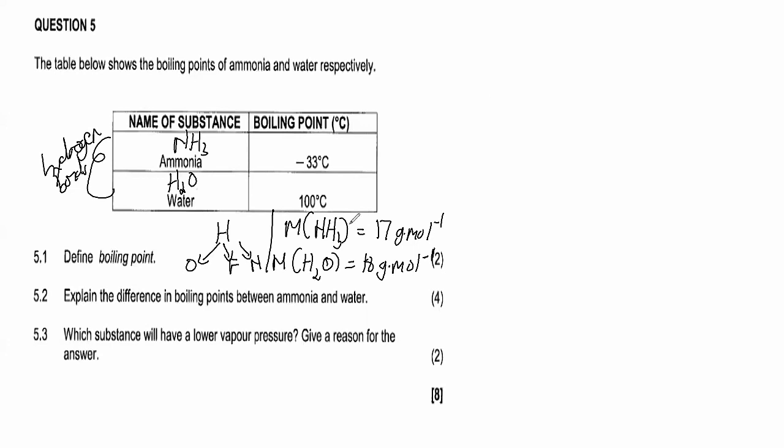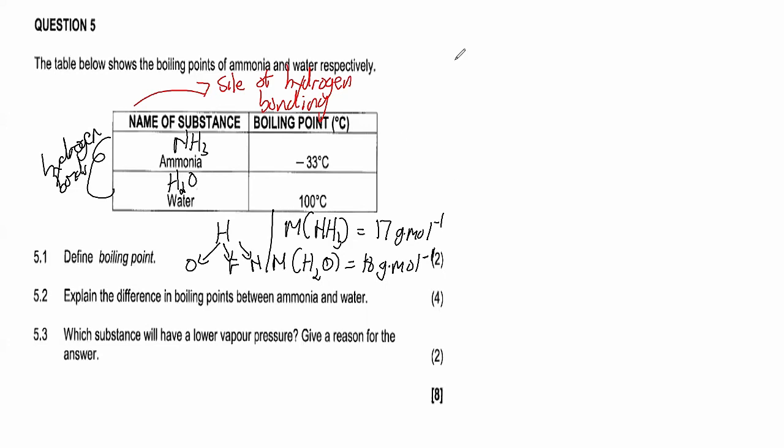Now you have to know that when it comes to ammonia and water, there is a special factor that is affecting the physical properties. That factor, we call it the site of hydrogen bonding. So note this, in a case whereby they give you ammonia and water and they want you to explain the difference in the boiling points, just know that the factor affecting the boiling point will have to be the site of hydrogen bonding. And this is how you go about explaining that.